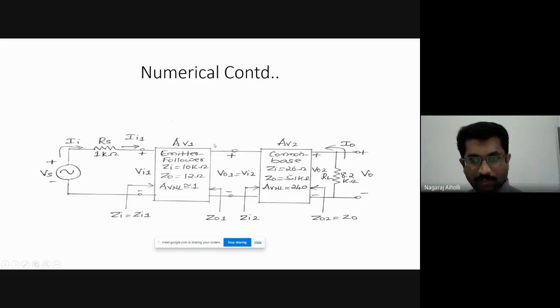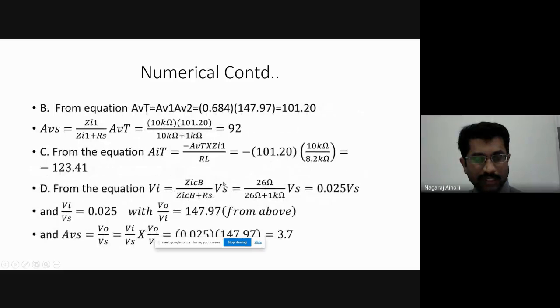How are we getting that? V naught by Vi. V naught is the output of common base. Vi is the input of the common base. V naught by Vi into Vi by Vs. Emitter follower is not there, but Vi will be the output and input will be Vs. Now if we use that formula, then we'll get the total gain of the system when the emitter follower is removed.